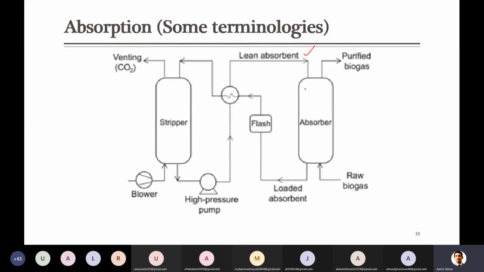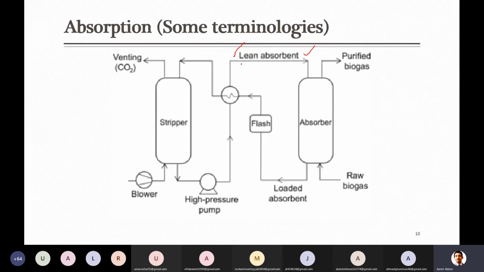So here this is a heat exchanger. The purpose of this heat exchanger is to reduce the temperature of this stream which is going to the absorber, because we need low temperature in the absorber, while in case of stripper we need high temperature, because high temperature favors stripping, and that is opposite for the absorber.